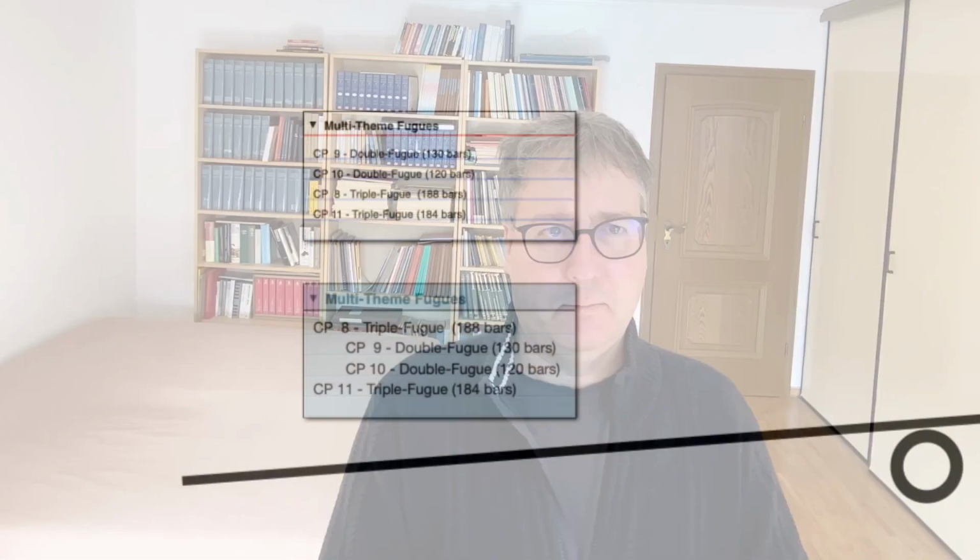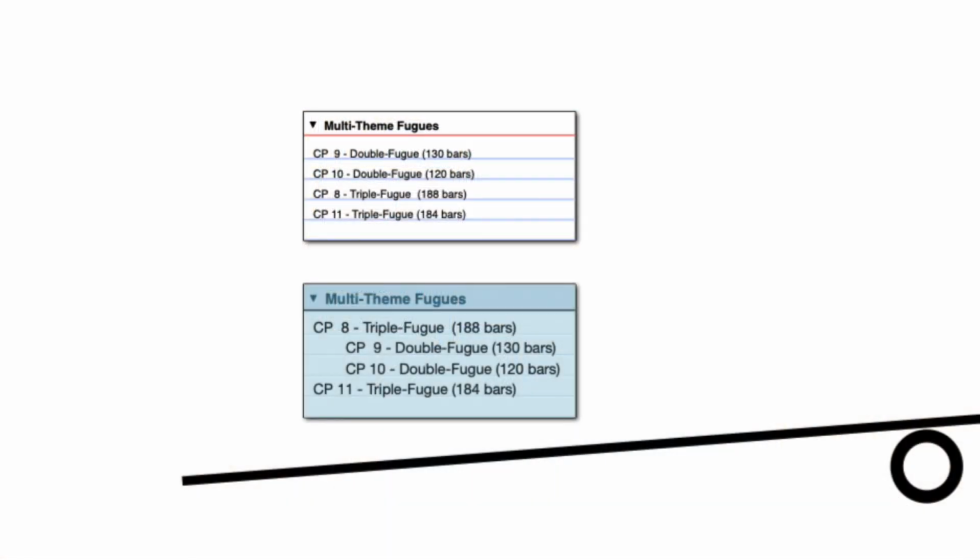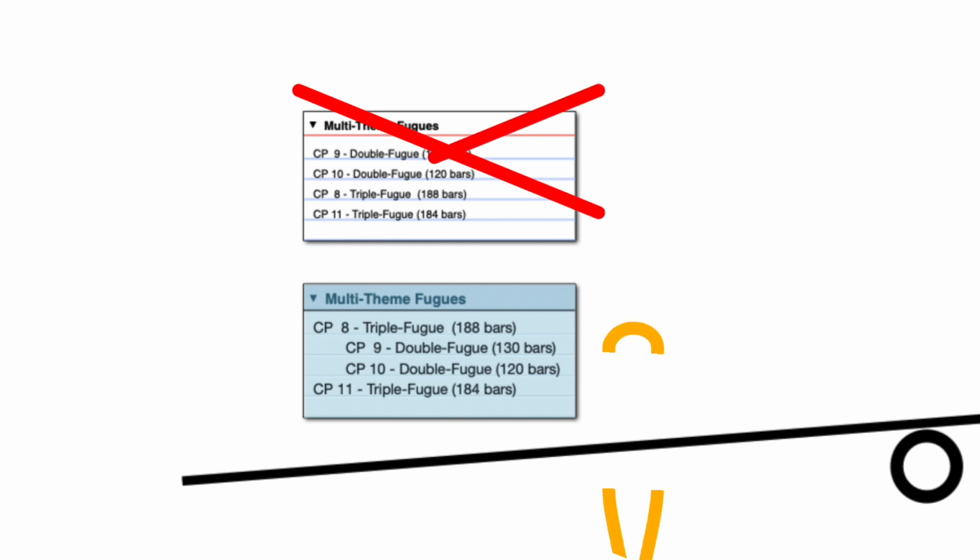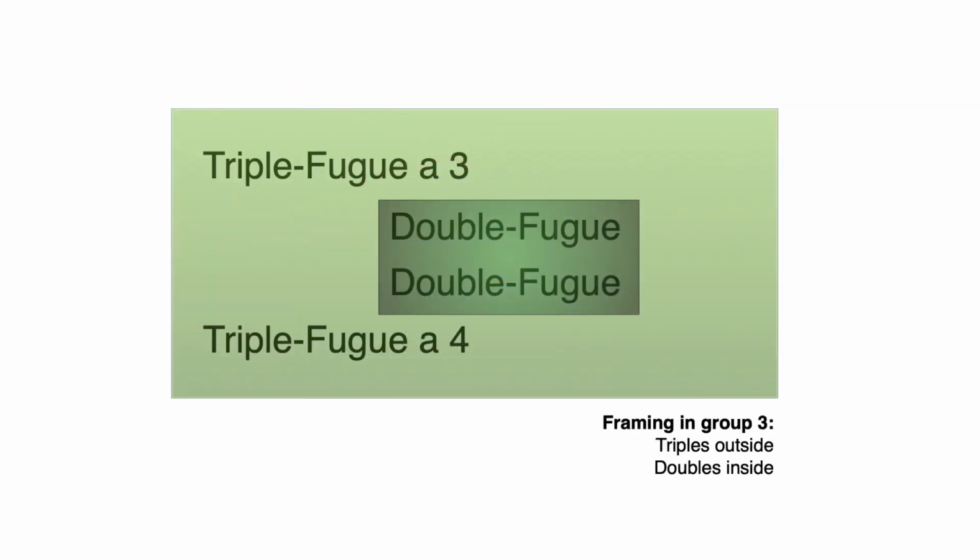Would you agree here? In my opinion, Bach must have. In the other case, the third group would have the double fugues first and the triple fugues in 3 and 4 voices last. And that's not what we find in Bach's manuscript.